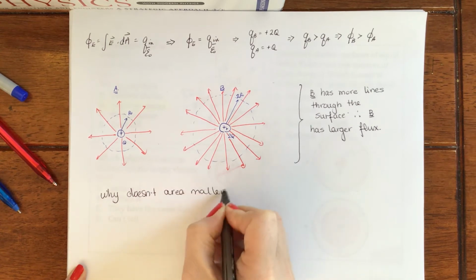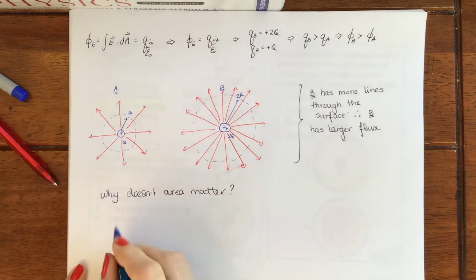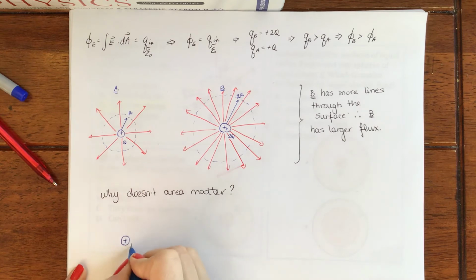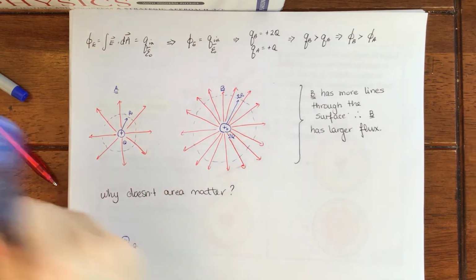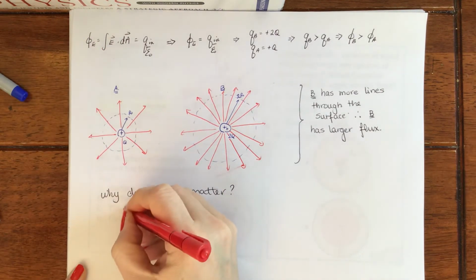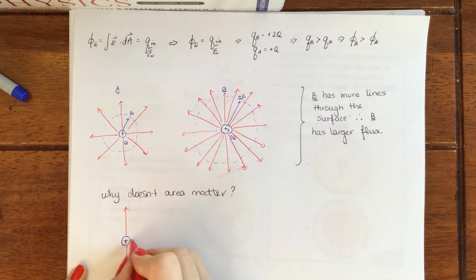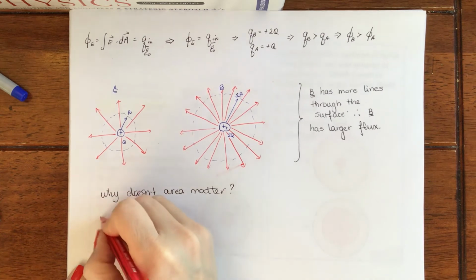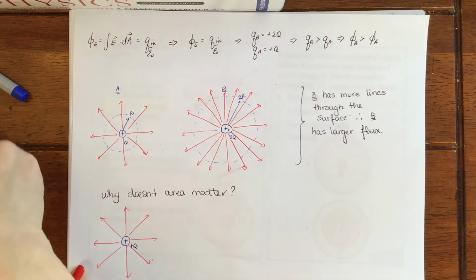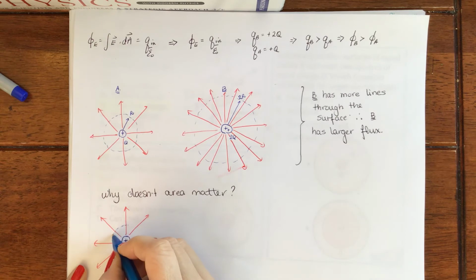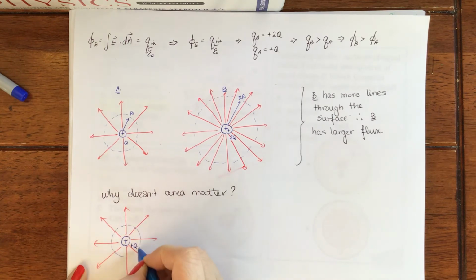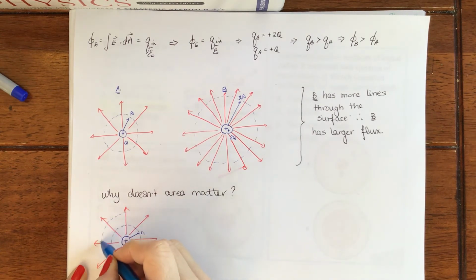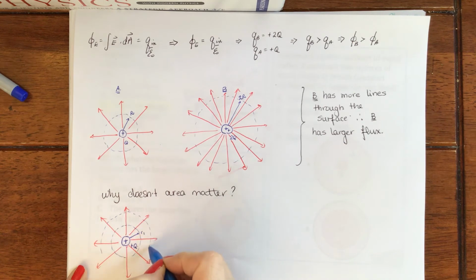If we were to draw charge A again here, so plus Q, the electric field lines we said come straight off. If we draw a Gaussian surface with this radius, let's call that R1. And then if we draw another Gaussian surface with a bigger radius, let's call this R2.